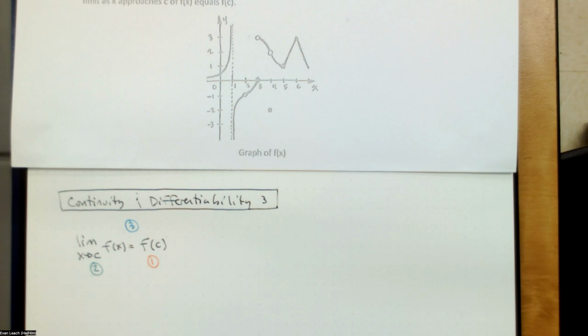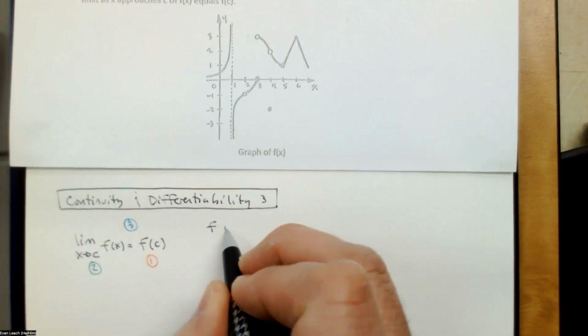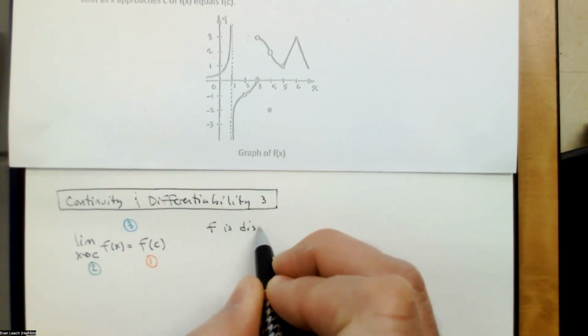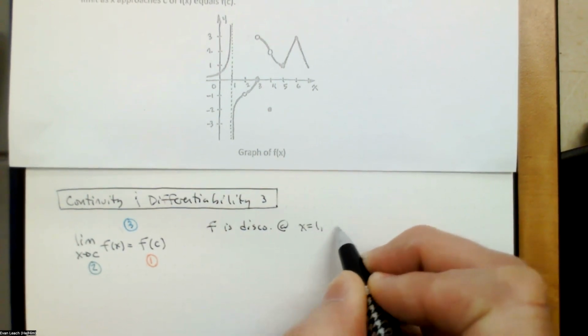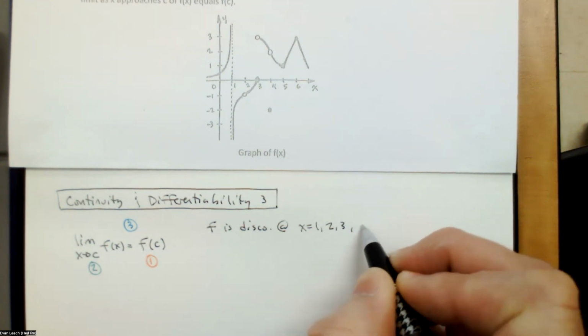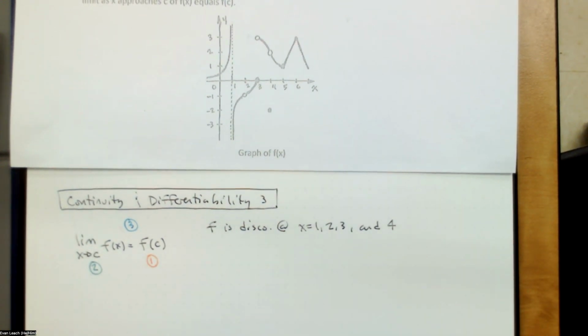So at 1, 2, 3, and 4, the function is discontinuous. So f is discontinuous at x equals 1, 2, 3, and 4. F is discontinuous at 1, 2, 3, and 4.